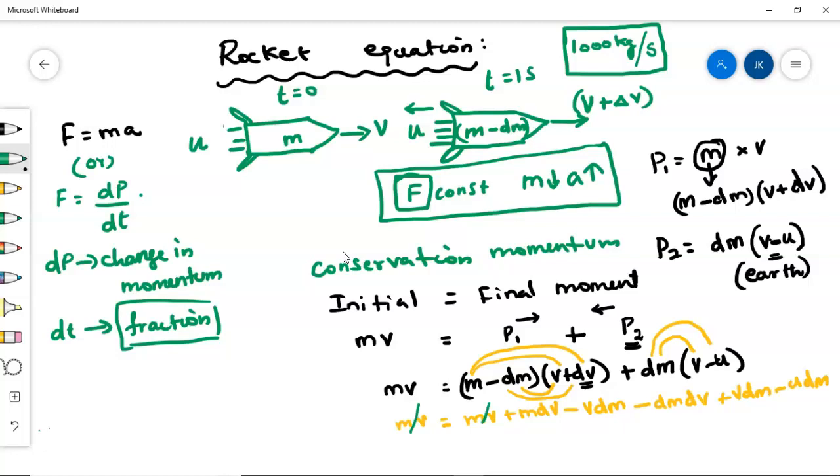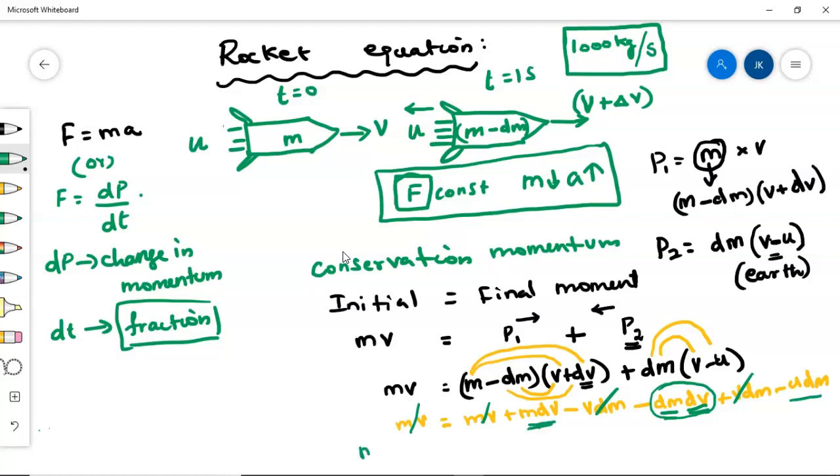And a small amount of mass of fuel times a small amount of velocity increase, dmdv, is very small, so I'm not going to add this. We can neglect this because compared to the other values, the mass of the rocket, the small amount of fuel can be neglected. So I'm going to write only the two terms here, these two.